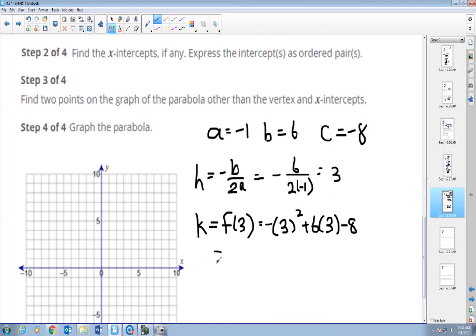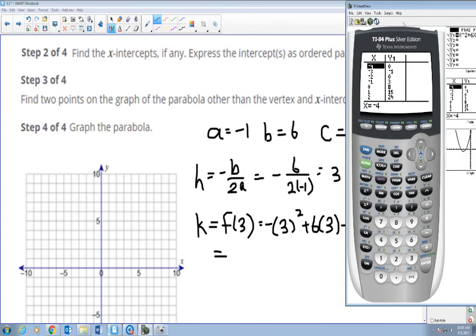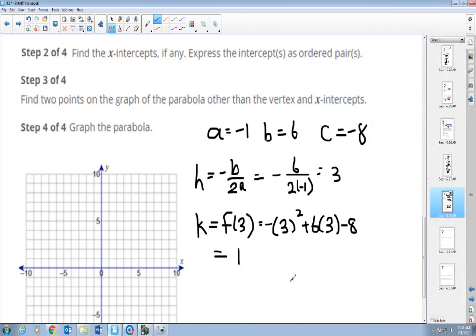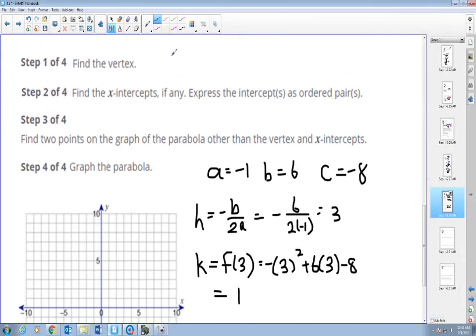That gives me my k. I'm going to go ahead and graph it too, in just a minute. Negative parenthesis 3 squared plus 6 times 3 minus 8 is positive 1. Alright, so my vertex is (3, 1).